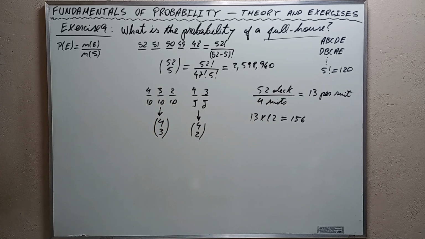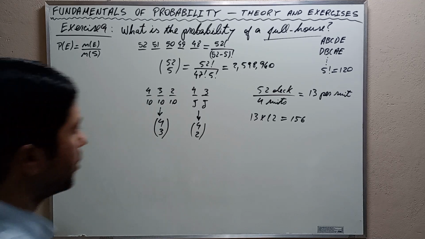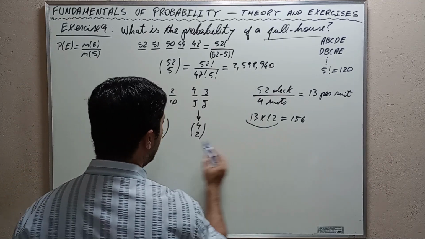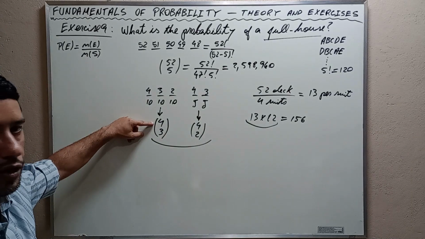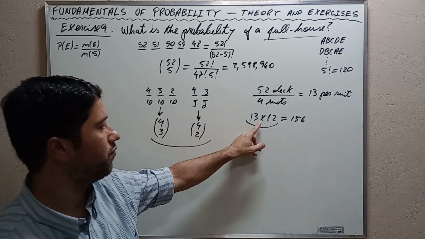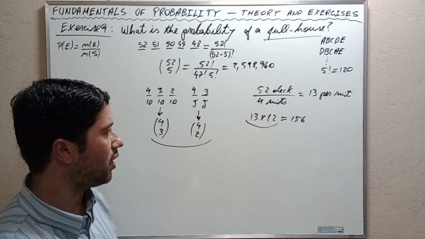Since the ranks of the triplet have to be different than the ranks of the pair, it follows that the probability of a full house is, we are going to combine this with this, okay? Here I am varying only the suit. Here I'm varying the rank of the card, okay?